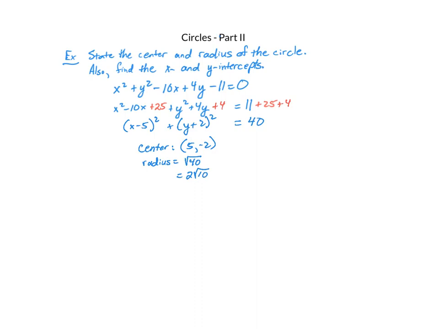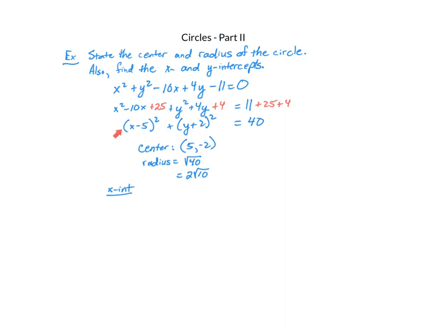Now let's move on and find the x and y intercepts. So remember, to find the x-intercepts, you set y equal to 0, and to find the y-intercepts, you set x equal to 0. Let me mention that you can choose to use the equation in general form or in standard form when you're going to find those intercepts.